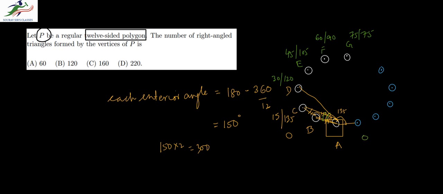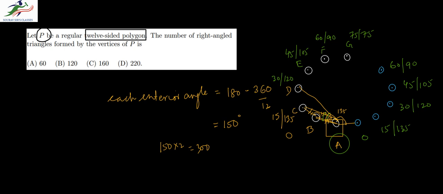So the angle is 0 here, 15 on one side, 135 on the other side, 30 on one side, 120 on the other side, 45 on one side, 105 on the other side, 60 on one side, 90 on the other side. This is how each of the vertices will make their angle with the point A.